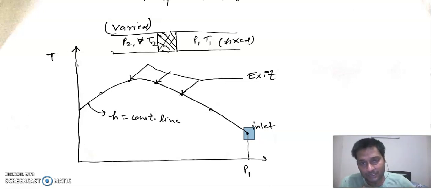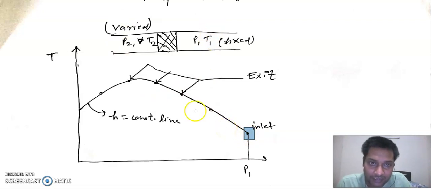So in this case we fix the inlet temperature and pressure, that is P1 and T1, and vary the size of the throttling device, and due to variation of size we will get different temperature and pressure in the exit stream. Let's say in the first case we will get this temperature and pressure, in the second case we will get this one, in the third case this one, and so on.